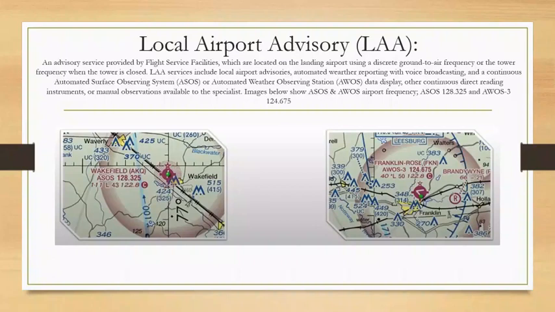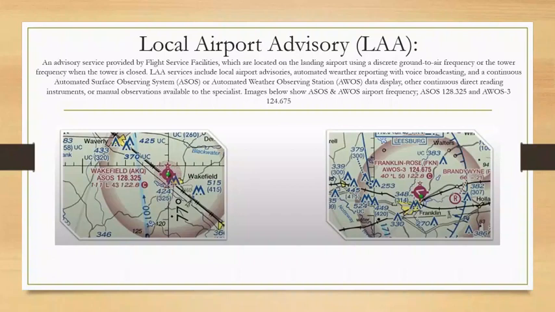LAA services include local airport advisories, automated weather reporting with voice broadcasting, and a continuous automated surface observing system, ASOS, or automated weather observing station, AWOS, data display. Other continuous direct reading instruments or manual observations are available to the specialists.